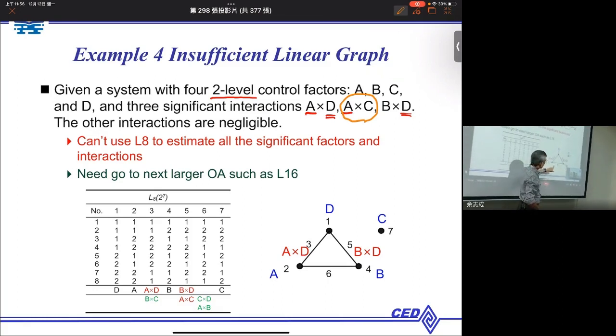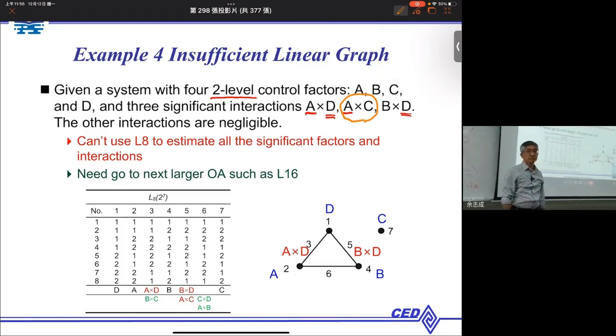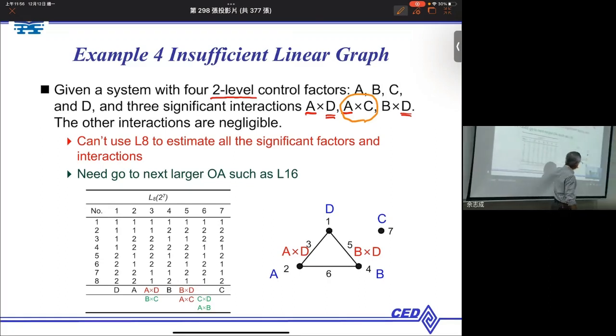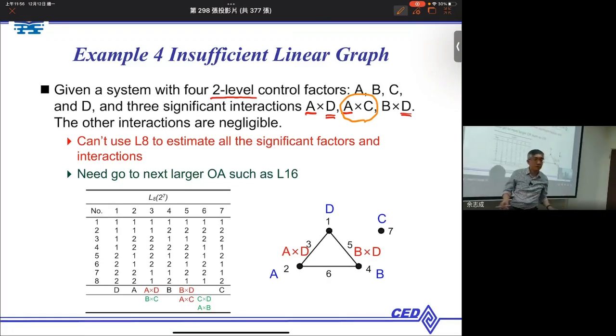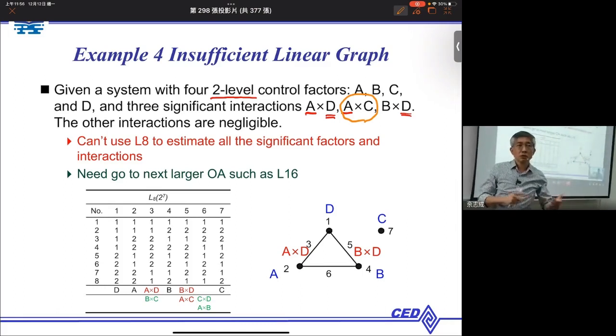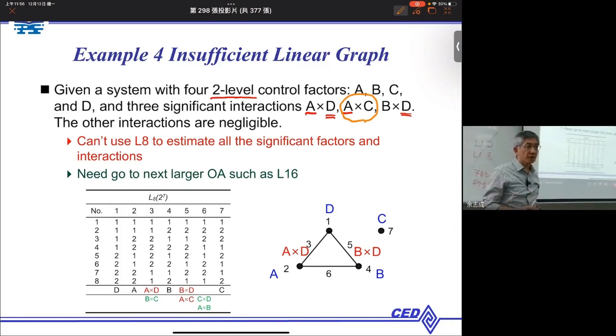So if you want to analyze the interaction of AB, which is okay in column 6, but the problem said AB is negligible, right? AB is negligible, but AC is important. However, no line for AC. What does it mean? No line for AC means that the interaction AC cannot be estimated in this arrangement.